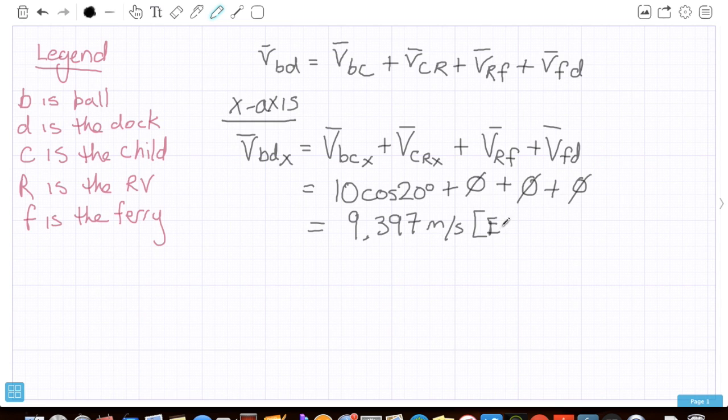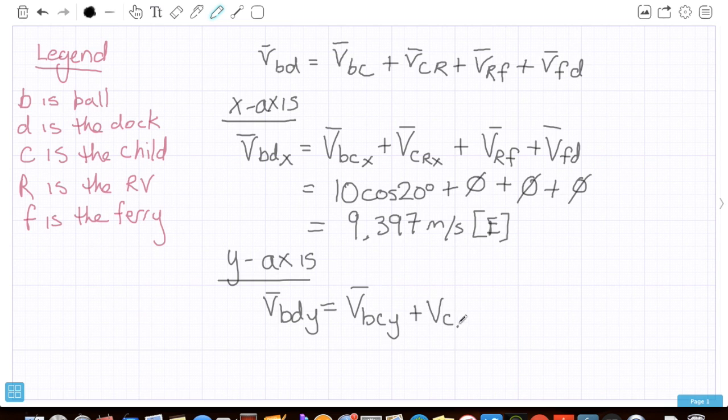Now let's do the y-axis. For the y-axis, we're going to restate all of this, but now with a y subscript. This time things are a little bit more interesting.